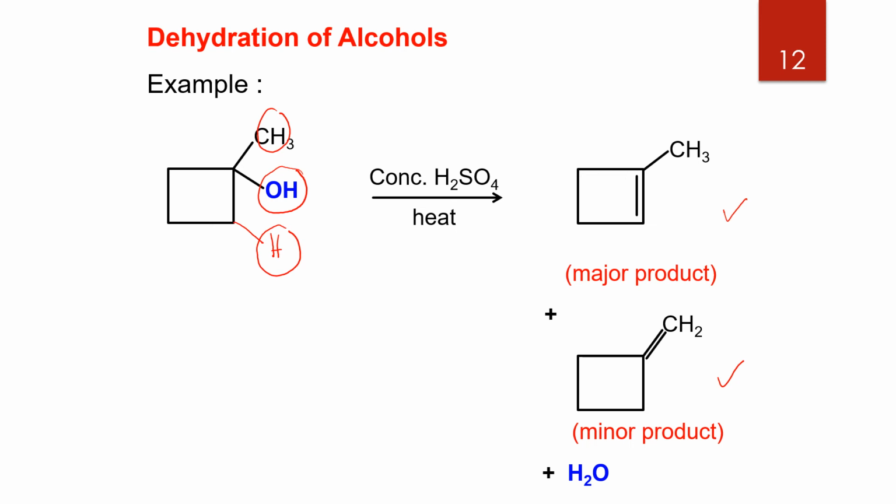The first structure shows that the carbon-carbon double bond of the alkene has three alkyl groups, while the second alkene has only two alkyl groups. Therefore, the first structure has a greater number of alkyl groups. Thus, it is the major product.